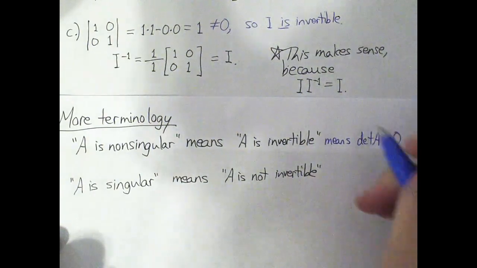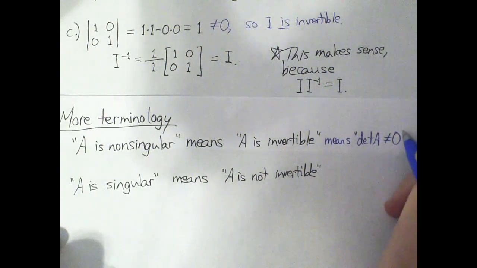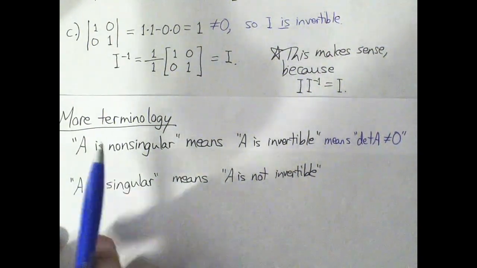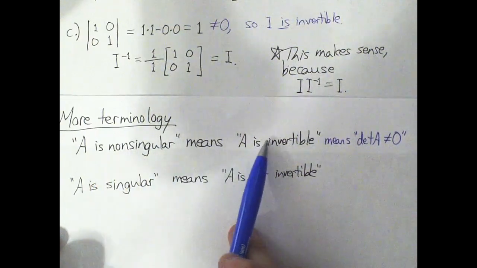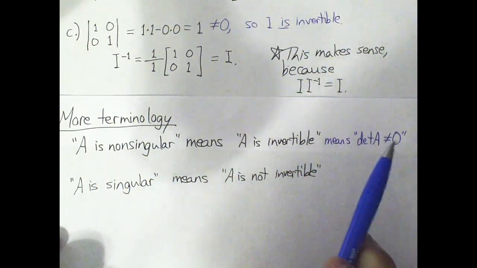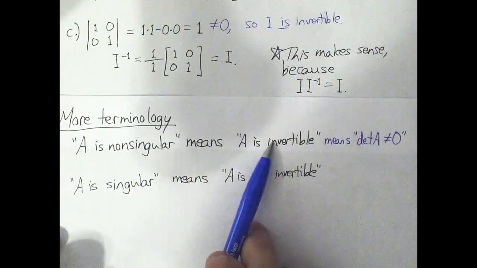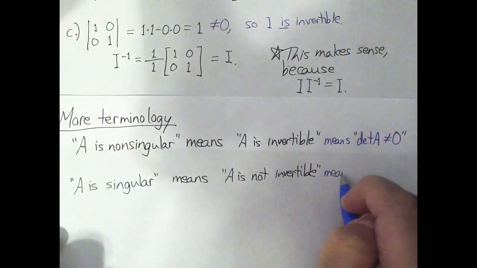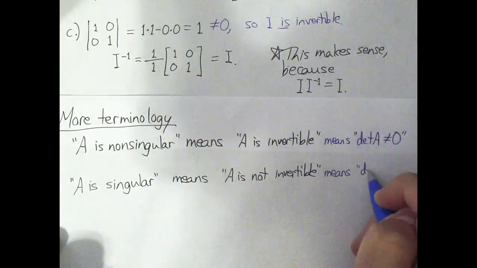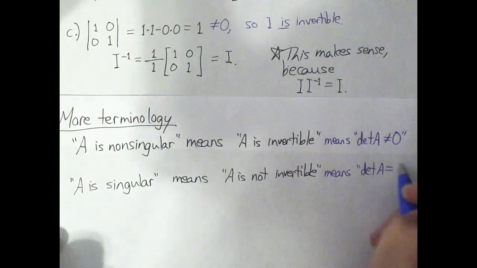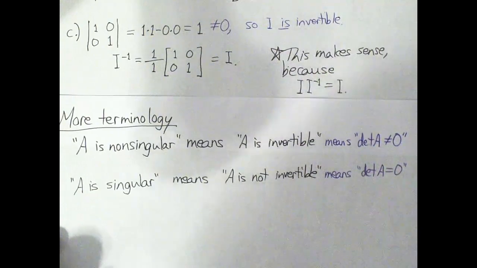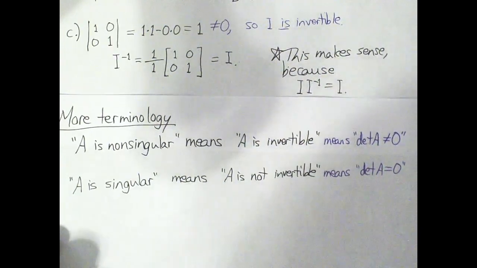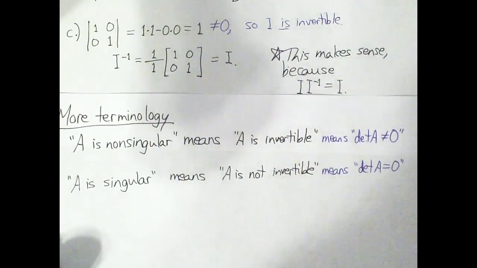I'm putting quotation marks around all these phrases. This phrase is equivalent to this phrase, is equivalent to this phrase. The determinant being non-zero means it is invertible, means it's non-singular. And down here, these are the same as saying that the determinant of A is equal to 0.